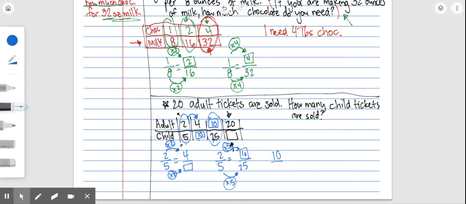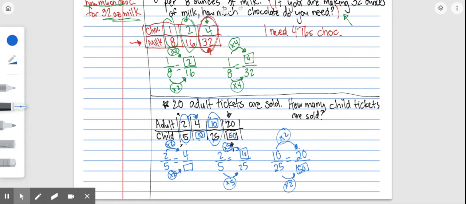So 10 adults for 25 children. If I have 20 adults, how many children? How many groups of 10 go into 20? 2 groups of 10. I have to use the same number, so I'm going to multiply by 2. 25 times 2 is 50. So then 50 goes here.